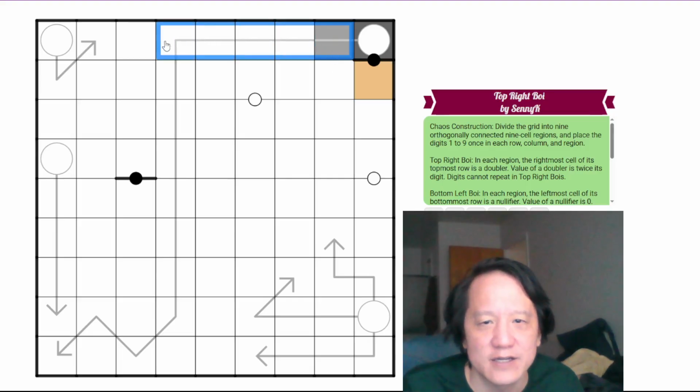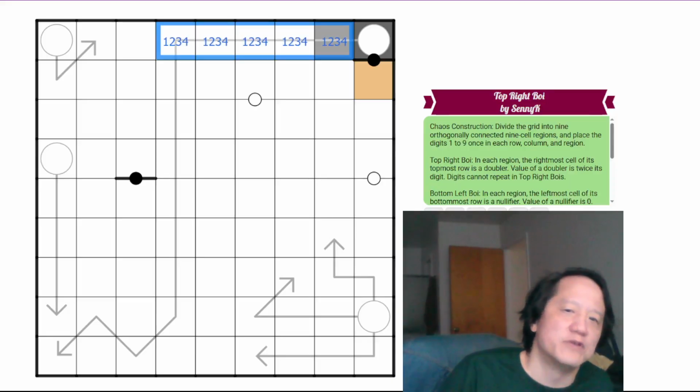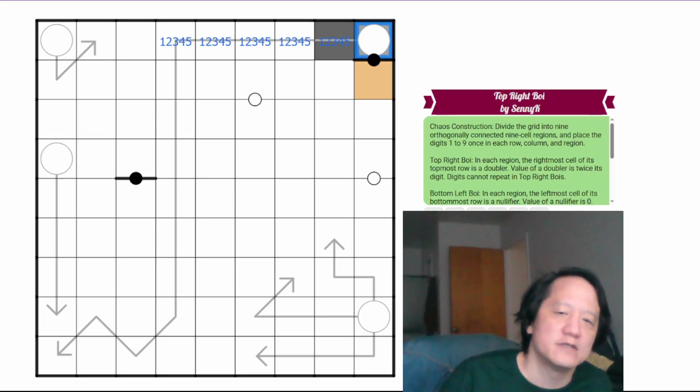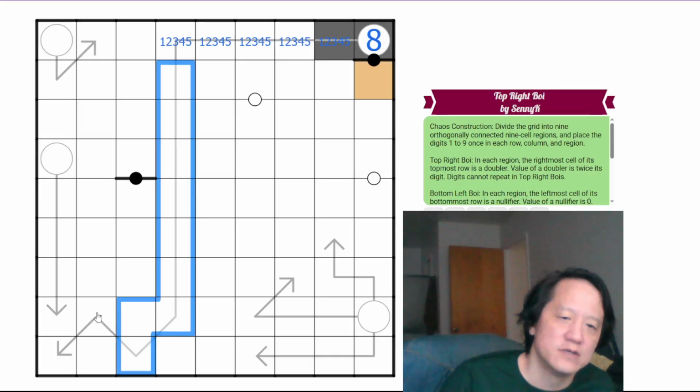Then you can't have a value of 0. So the value has to be the digit itself. So that means this must be 1 through 5 there, and this has to be 8 as a value.